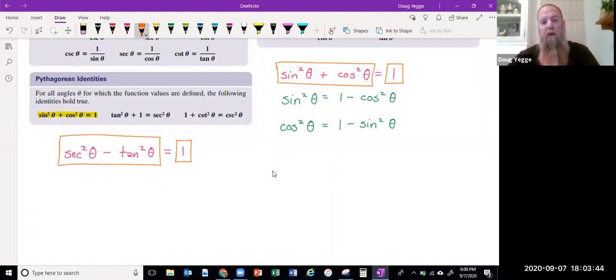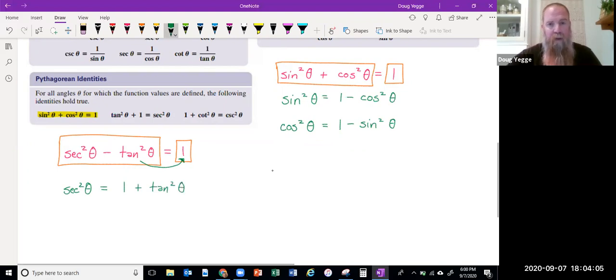So if this is one form of our Pythagorean identity, I could start manipulating this by adding tangent squared theta to the other side. And if I do that, that means that secant squared theta is equivalent to 1 plus tangent squared theta. Or the way that it's written in this identity, tangent squared theta plus 1 is secant squared theta.